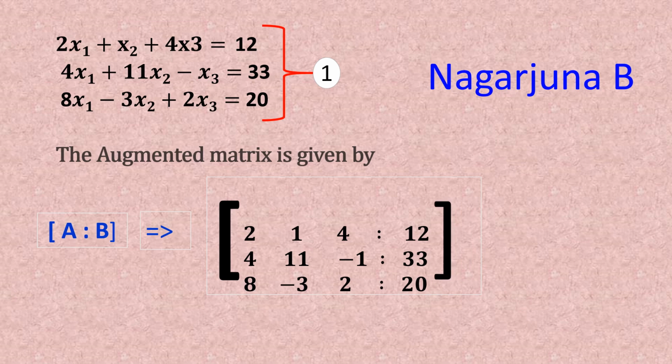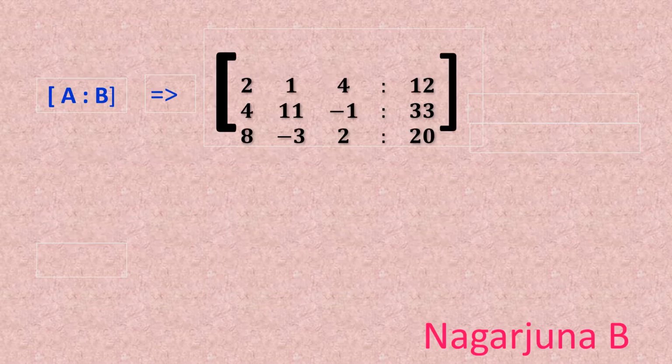It is the augmented matrix which we have got from equation 1, the system of linear equations. Now we need to apply the first step of the Gauss-Jordan elimination method. The first step says that we need to use the element A11 not equal to 0 to make the elements A21 and A31 become 0 by using row elimination.